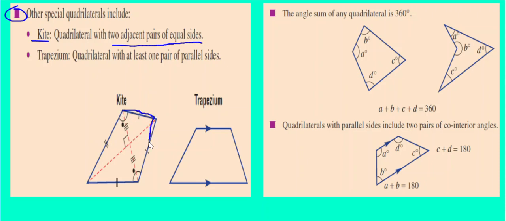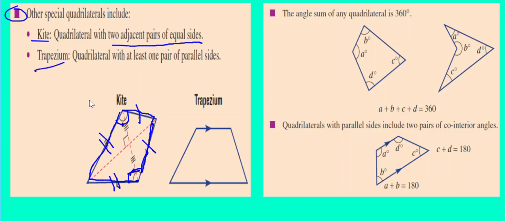These sides are adjacent to each other and equal, and these sides are also adjacent to each other and equal to one another, but a different length. These two angles here are going to be the same number of degrees, and our diagonals that cut through a kite are going to be different lengths.